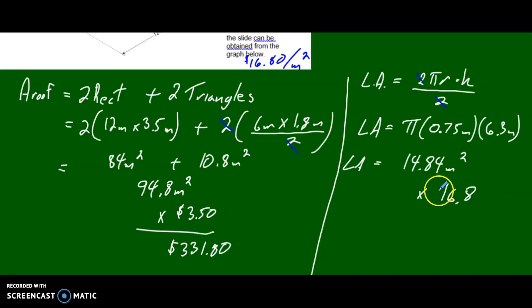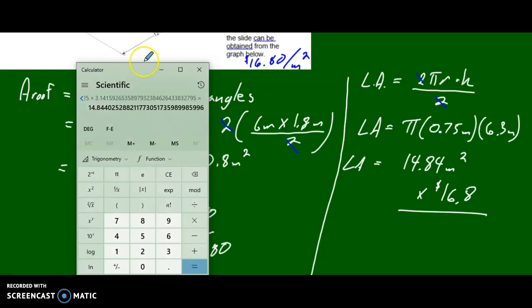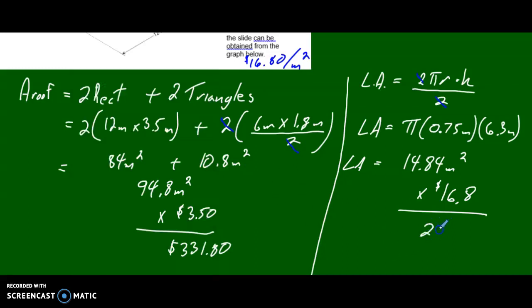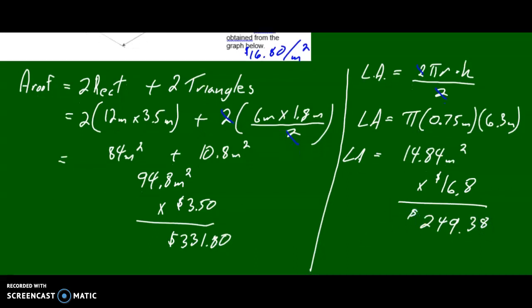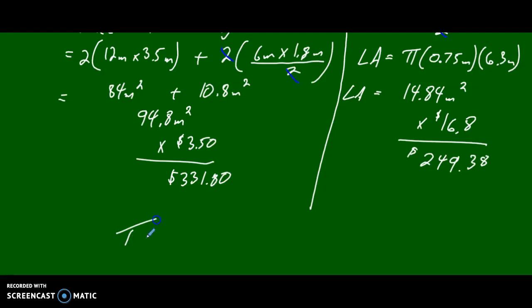Let's multiply that by the price, which was $16.80. 14.84 times 16.8 equals $249.38. Now we add them up for the total.